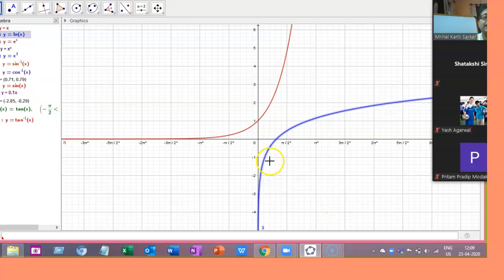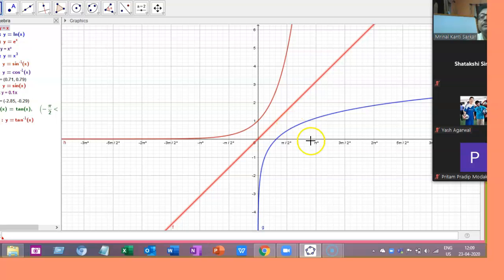You all can see that here this point of intersection is 1, 0, there it is 0, 1. It is not showing 1, 0 because I have chosen the graph along the x-axis in this manner: 0, pi by 2, pi, like this. And here I would like to remind you that I have done in another video that if I plot y equal to x, then these two graphs are mirror images of each other. If there is a point a, b on this graph, on the other it is going to be b, a.